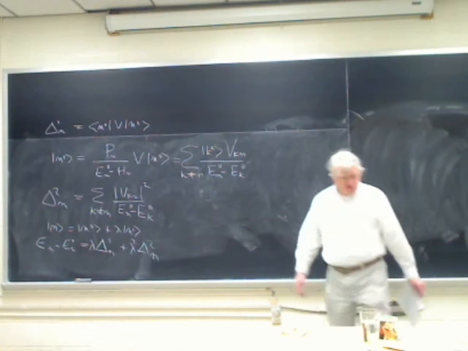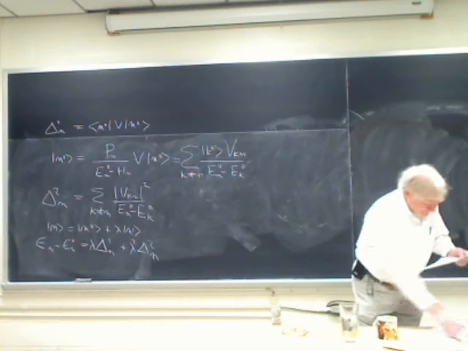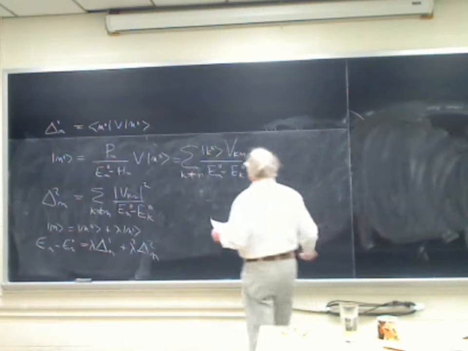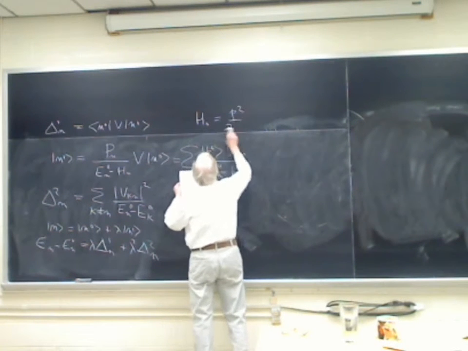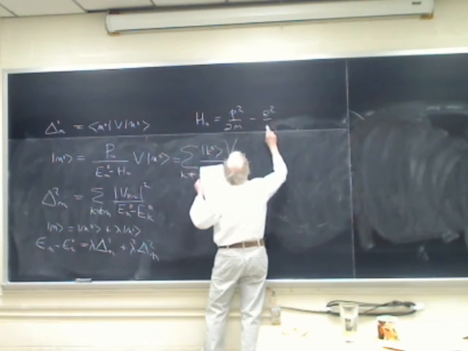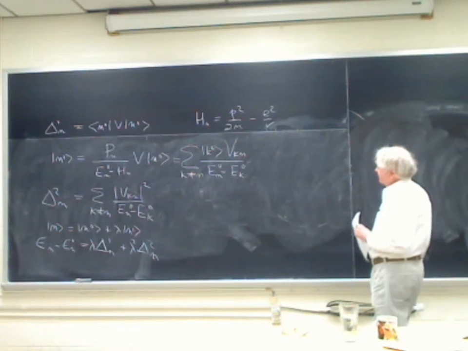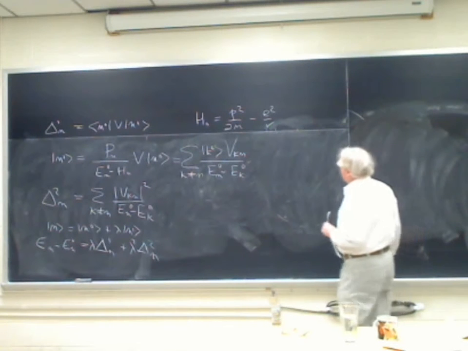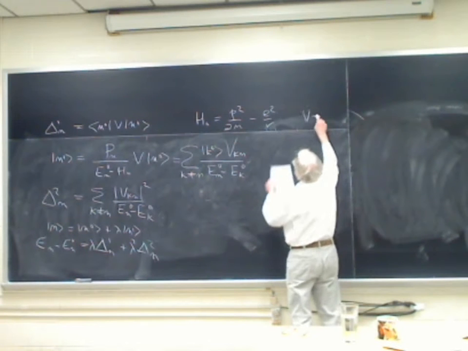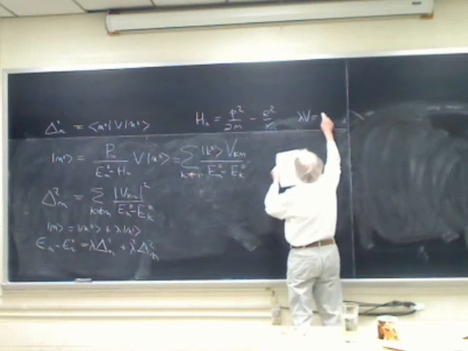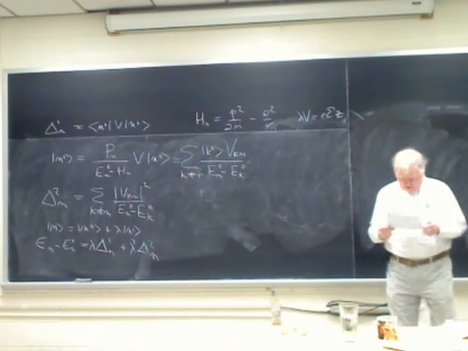Here H0 is P squared over 2mu minus e squared over R, so that's the problem we can solve. Then the potential, or rather lambda V, is eEZ. So it's just an electric field in the Z direction.